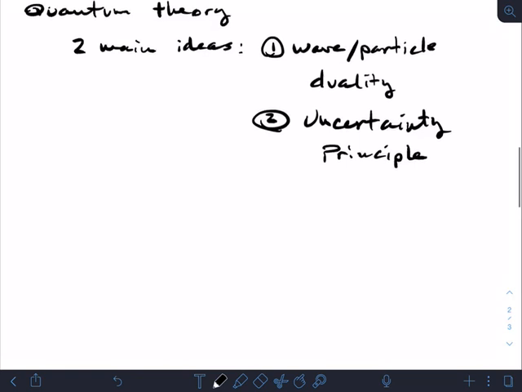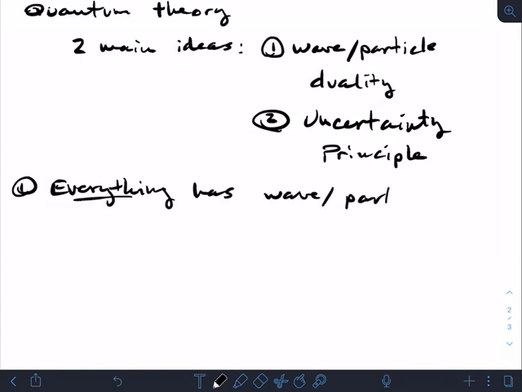Okay? So the first idea is that absolutely everything has wave-particle duality. That means electrons, it means dust particles, it means a football, it means you, it means me, anything like that.